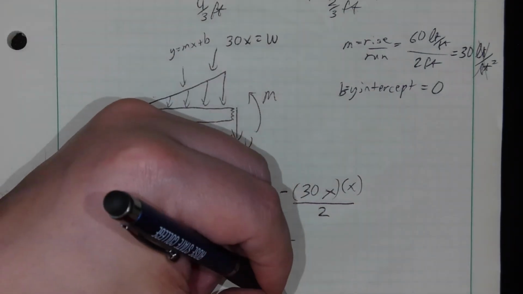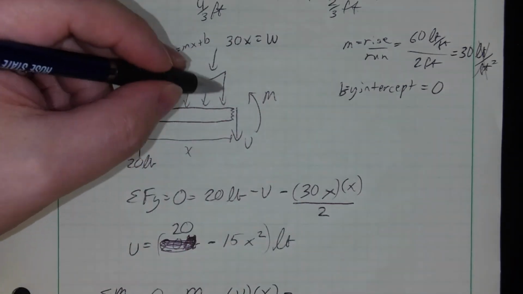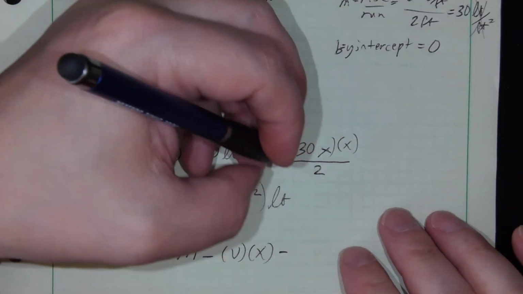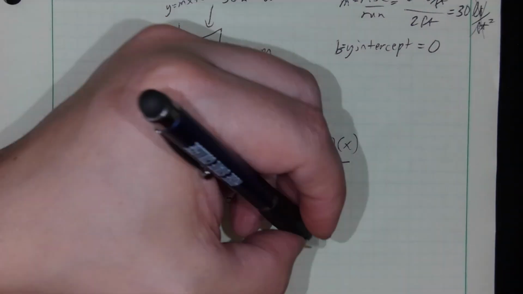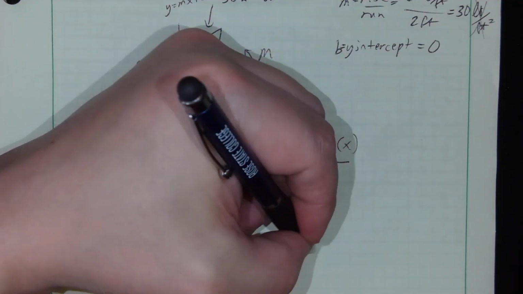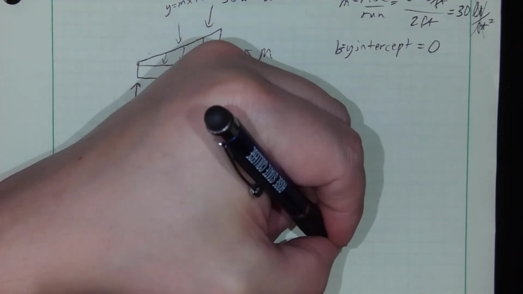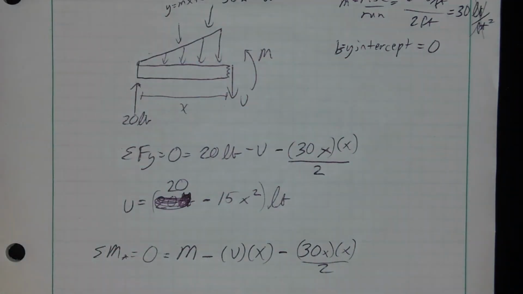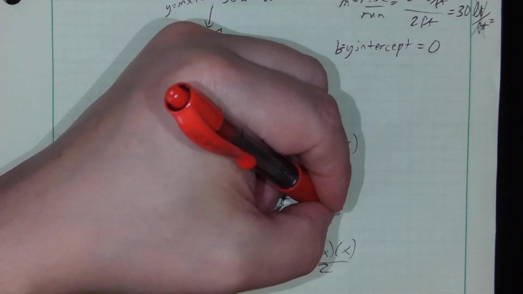And then also causing a negative moment, I've got this triangular force here causing a clockwise or negative moment. So the magnitude of the force is going to be 30x times x divided by 2. We did this last time. Remember, that's the force.